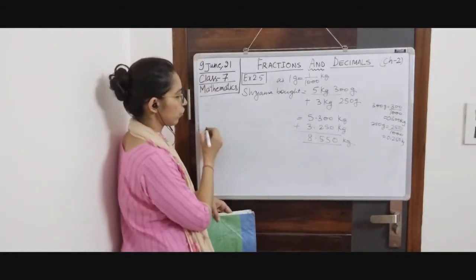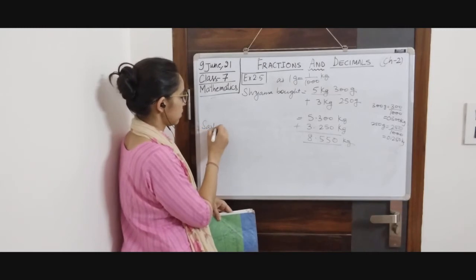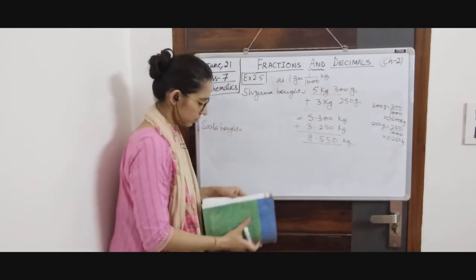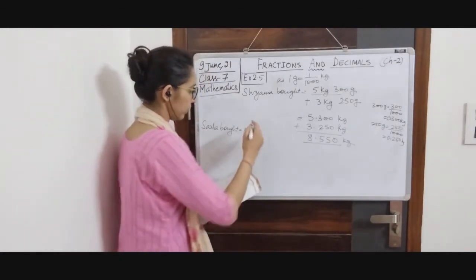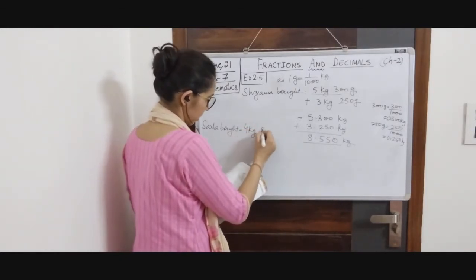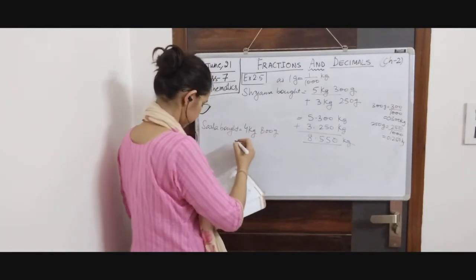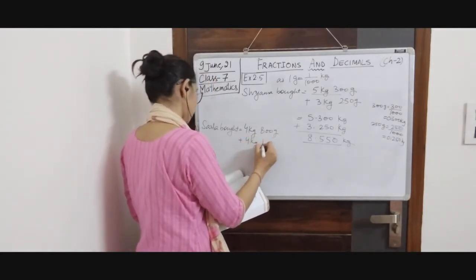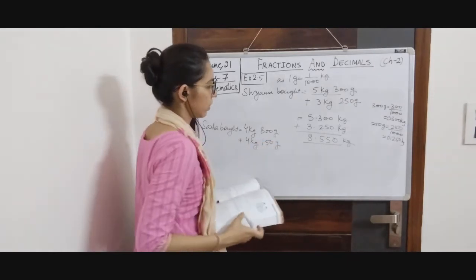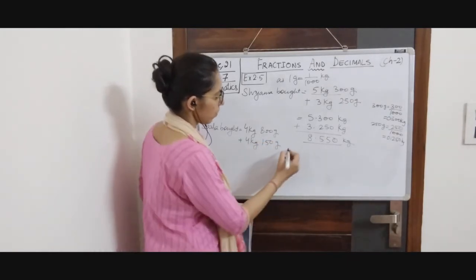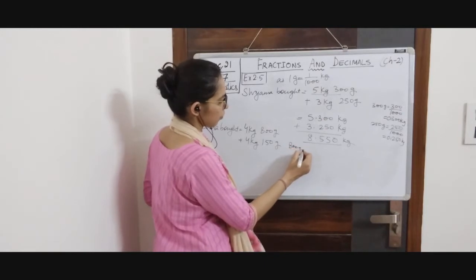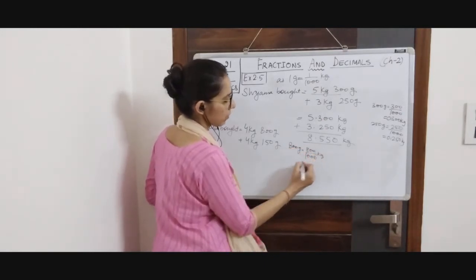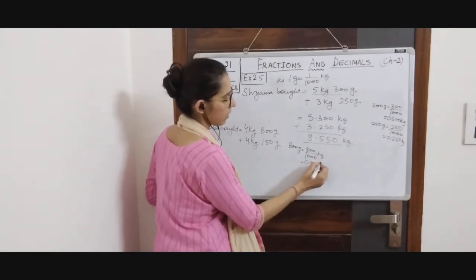Now we will find out for Sarla. Sarla bought 4 kg 800 grams of oranges plus 4 kg 150 grams of bananas. Okay. Now using the same conversion process, 800 grams will be equal to 800 by 1000 kg, that is 0.800 kg.